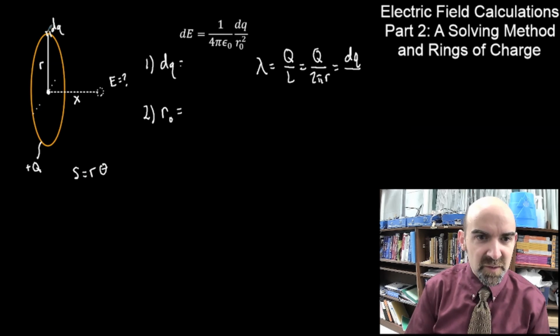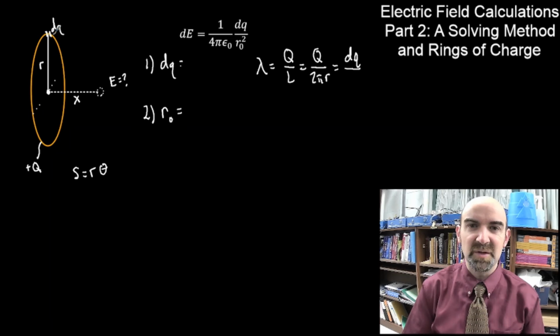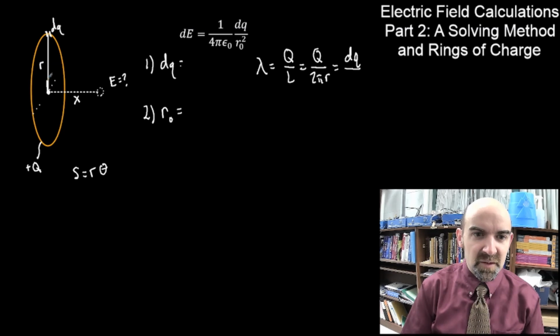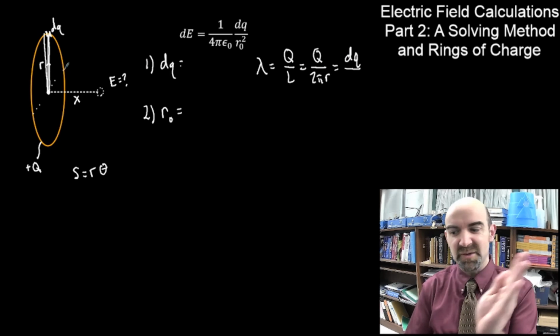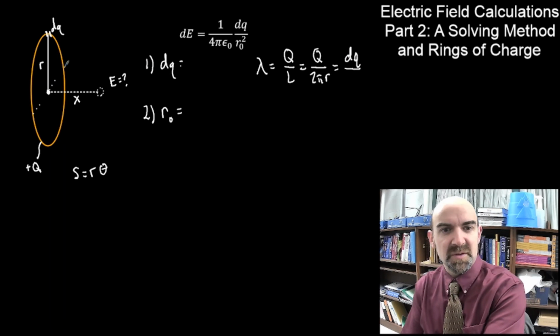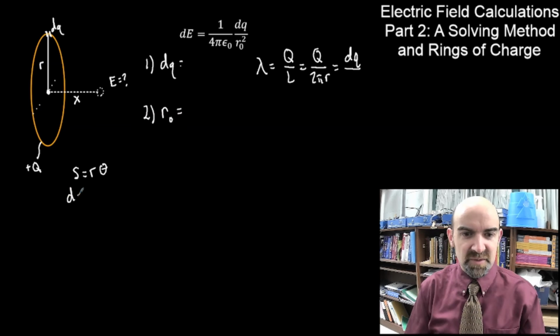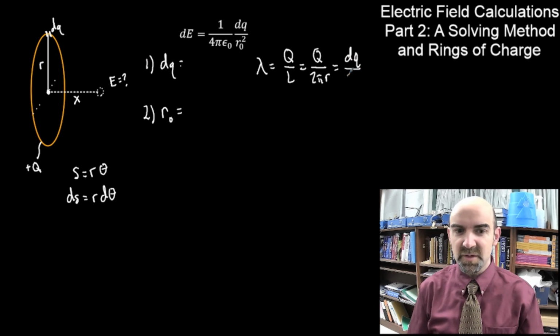Well, if we take a little section, a tidbit of this ring called dq, and you look at one side of that dq and the other, there is going to be a little tiny d theta in there, a small angle change. So by taking ds, we see that this becomes r d theta, and that's what's going to go in over here.